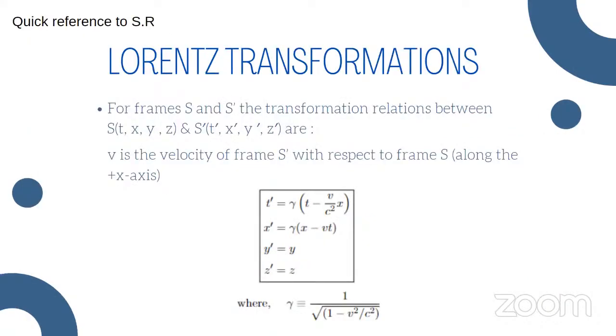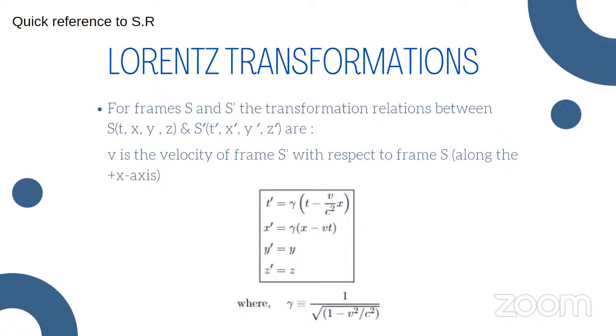Firstly, we knew from Galileo that there is a practical situation where we need two frames of reference, like when we are on a platform and someone is in a train. The two frames of reference are different from the perspective of the observer in the train and the observer on the platform.